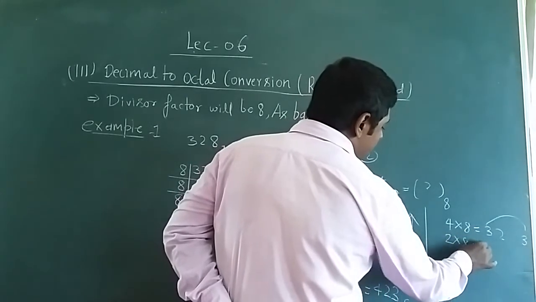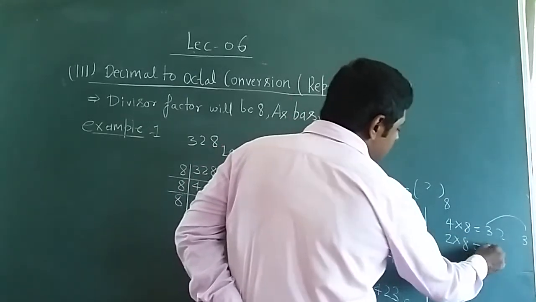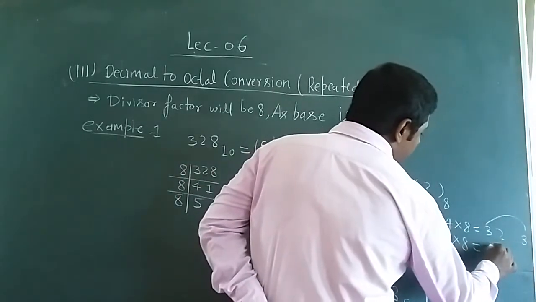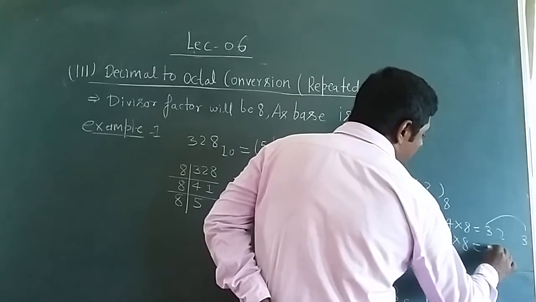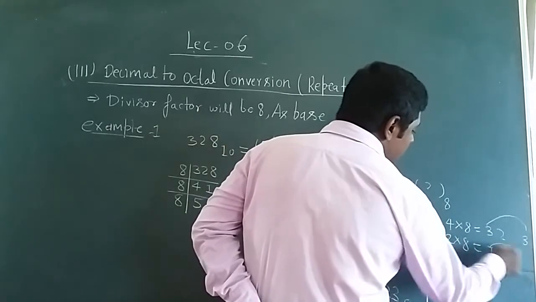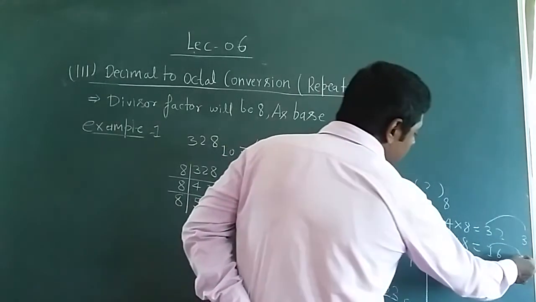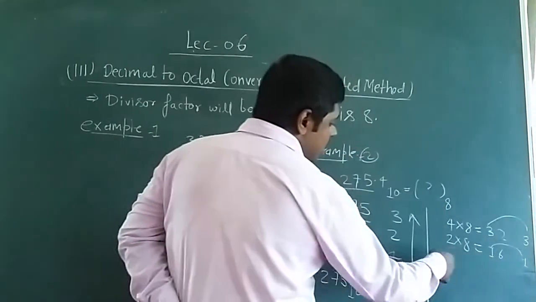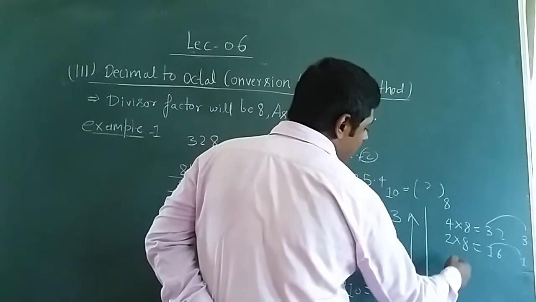Again multiply by 8: 8 2s are 16, and I will replace this with 1, and I will bring this 6 to the left side of the equal sign.